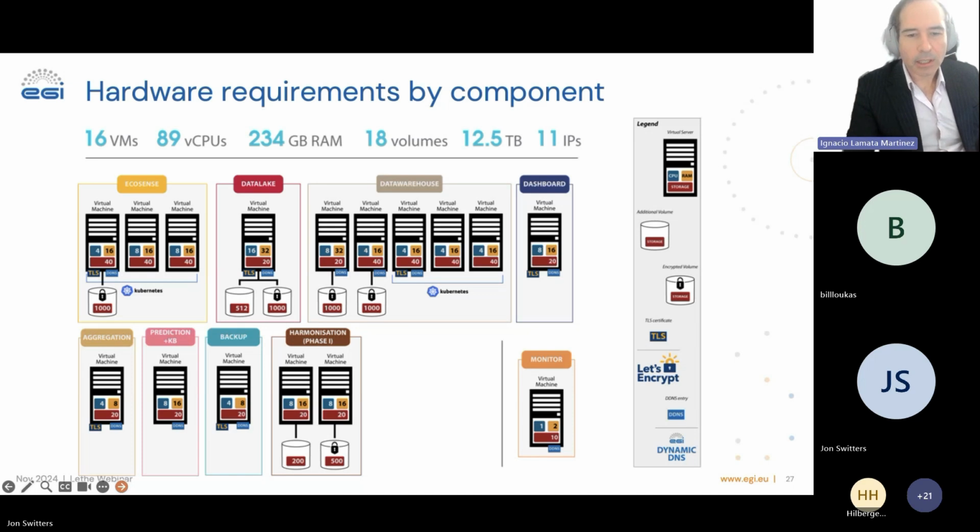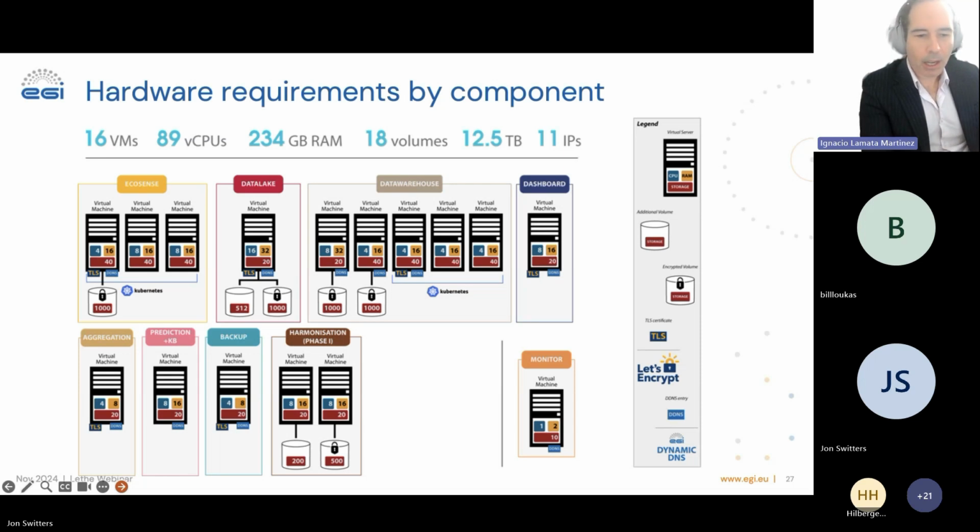Apart from the EcoSense, you can see the rest of the components. So we have the data lake, we have the data warehouse, a dashboard, aggregation, and some others. We have also a monitoring system that is in charge of checking that the rest of the components are alive. And if something happens, it will notify us that something is wrong, so we need to pay attention to something.